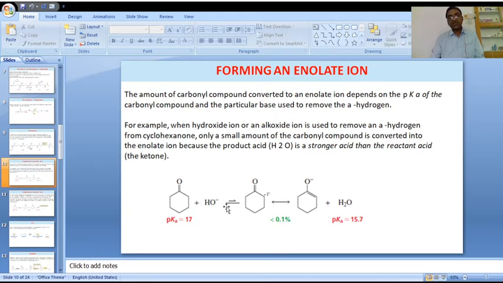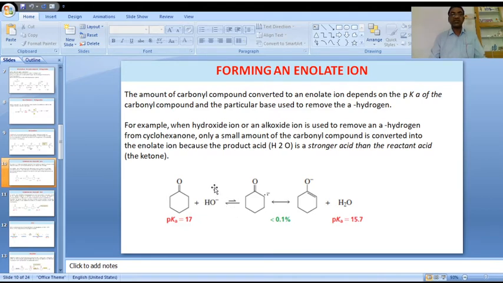What type of base we are using in the reaction is also a very important criterion. It should be suitable for the removal of alpha hydrogen, so that in the presence of that particular base the reaction favors formation of the enolate. It completely depends on the pKa value of the carbonyl compound and which type of base we are using.